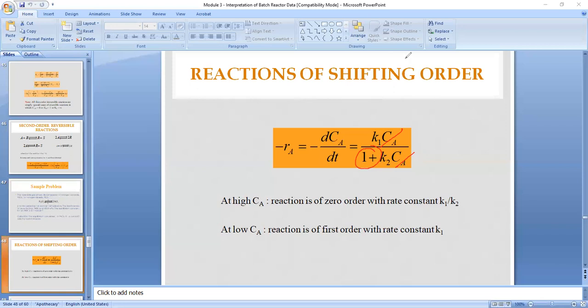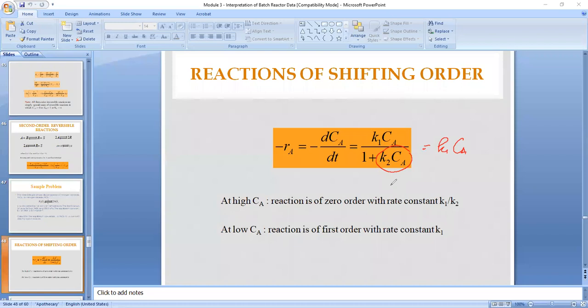Okay, now what about if it's the other way around? You have very low C sub A. If this is very low, then this time we could say that this term is very negligible compared to 1 because your initial concentration is very low. Then your denominator is 1, giving you a reaction which is simply K sub 1 C sub A. So if it's K sub 1 C sub A, then your reaction is said to be first order with respect to A and is dependent on the rate constant K sub 1 only.